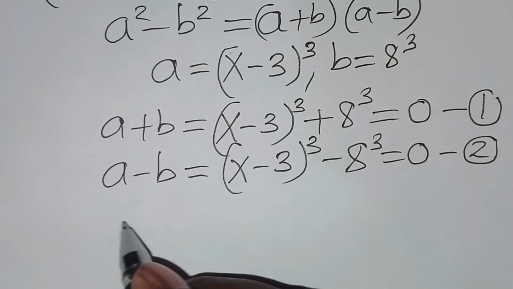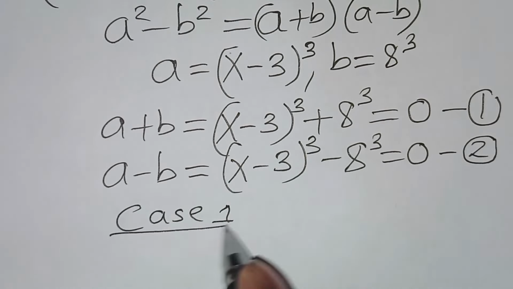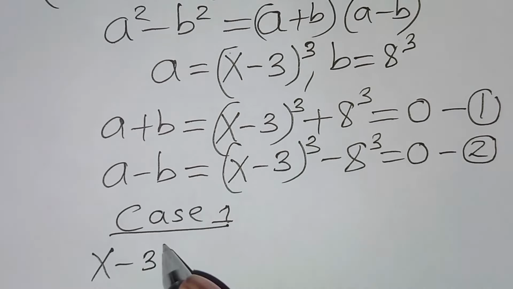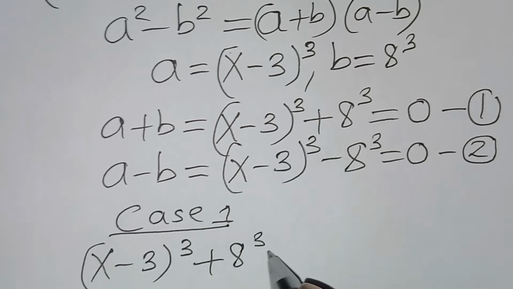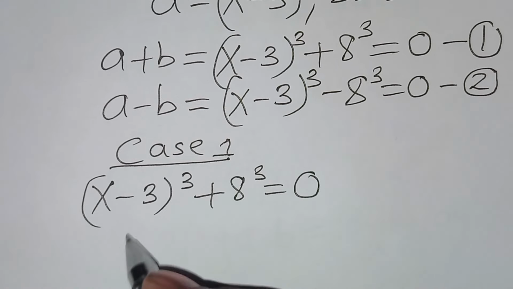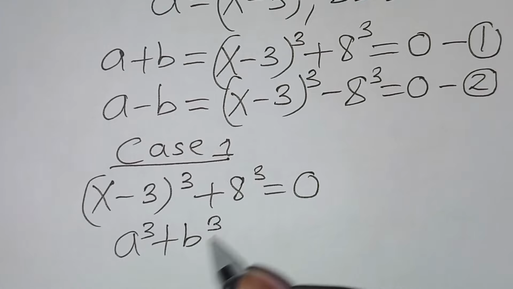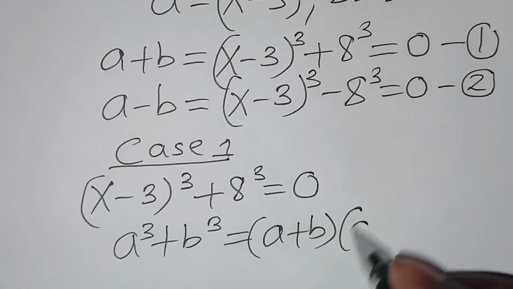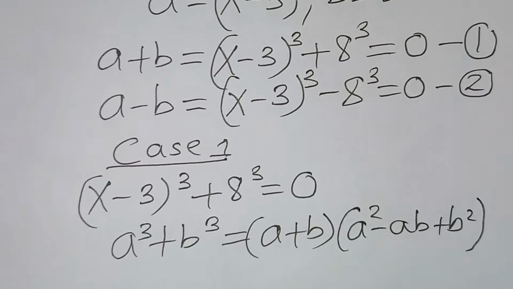Now, let's start to solve case 1. For case 1, which is equation 1, we have (x − 3)^3 + 8^3 equal to 0. Now, this is in the form of the sum of two cubes, a³ + b³, which we can express as (a + b)(a² − ab + b²).